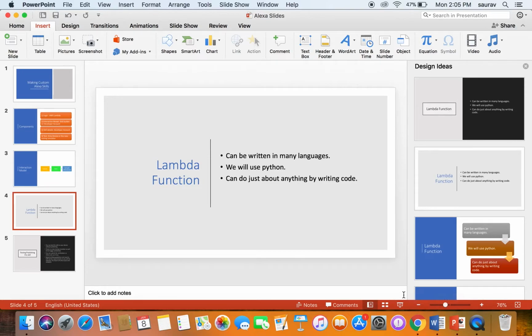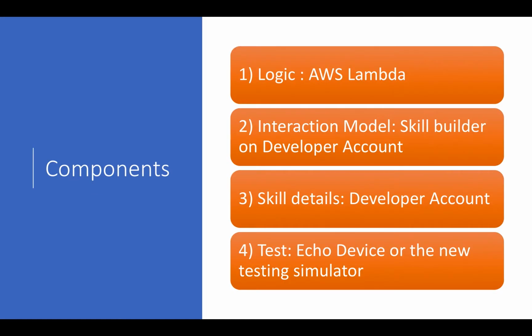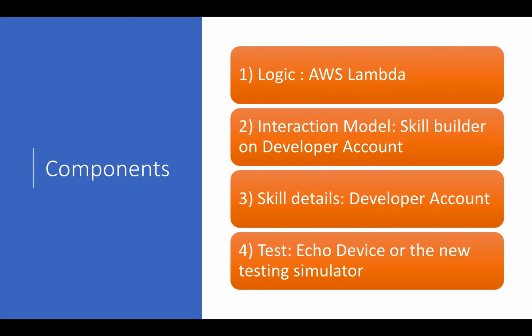Hello everyone, in this video we are working on the third skill of this course, and this skill will be the quiz skill with database integration. Alright, so as we talked about during the second skill building session, we have to follow certain things while making an Alexa skill.